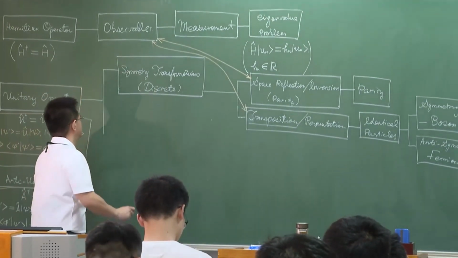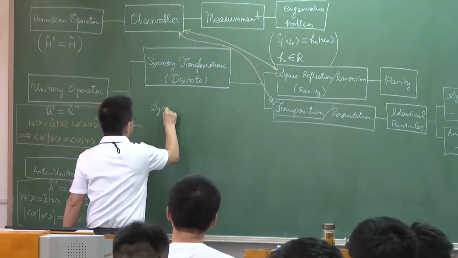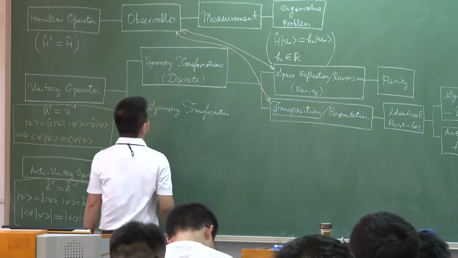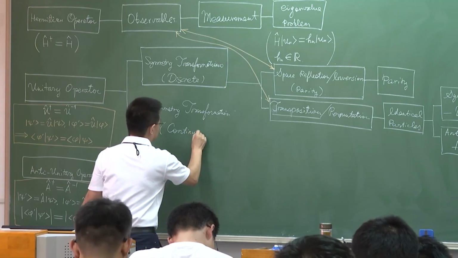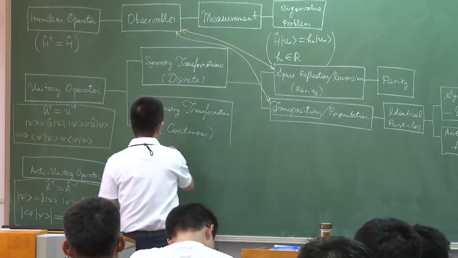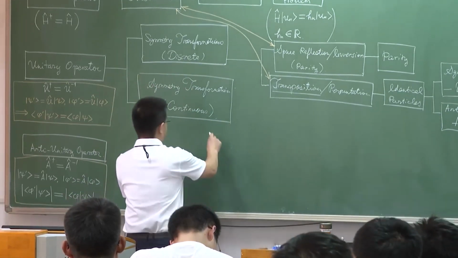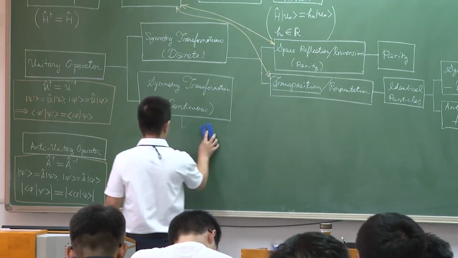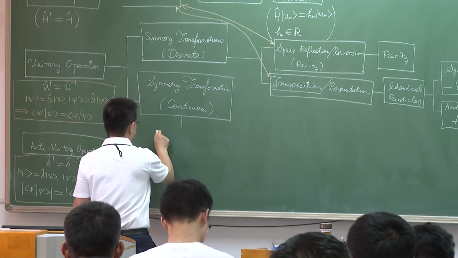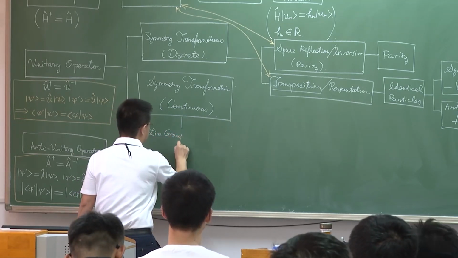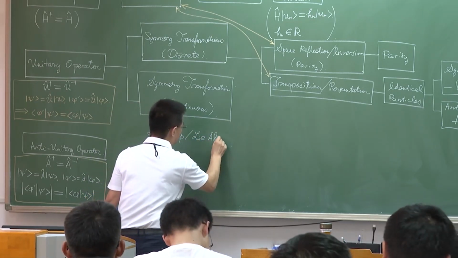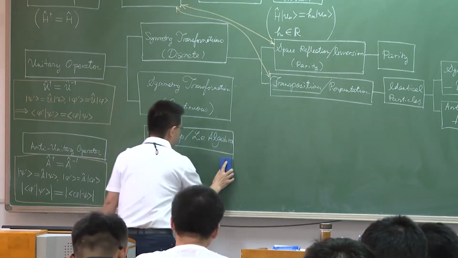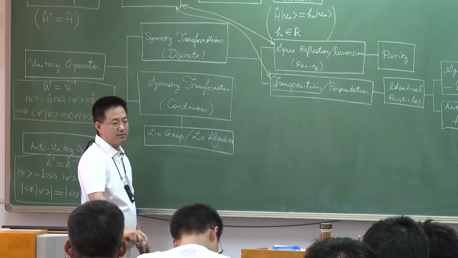And also we have another kind of symmetry transformation, the continuous case. The continuous case is connected with the Lie group, of course, and also the Lie algebra, because the Lie group and Lie algebra are a very good tool to represent symmetry transformations.